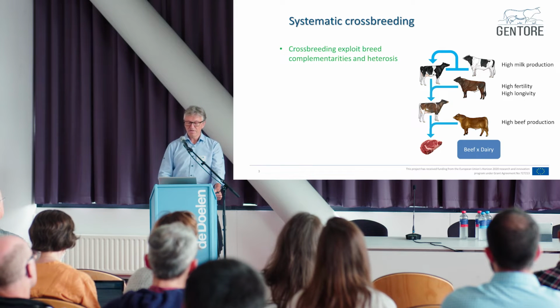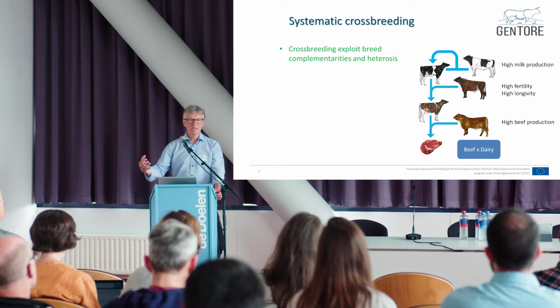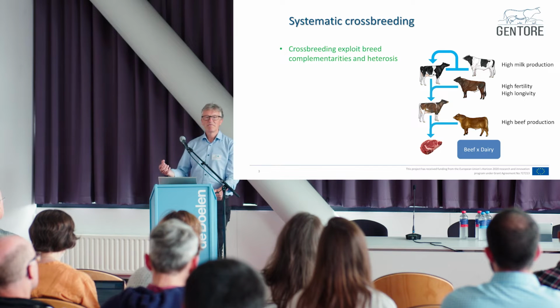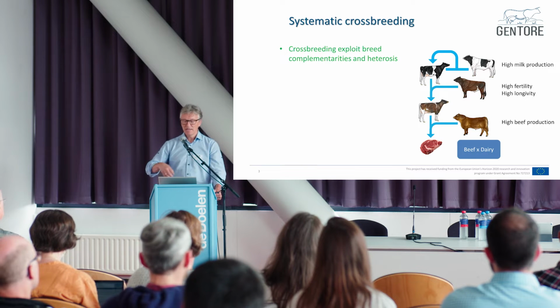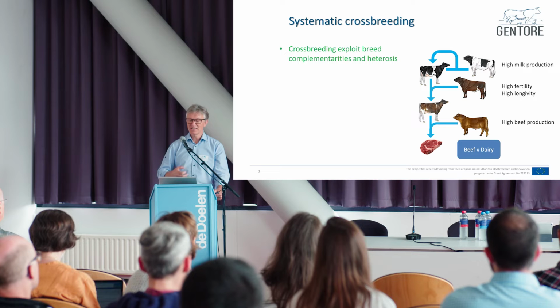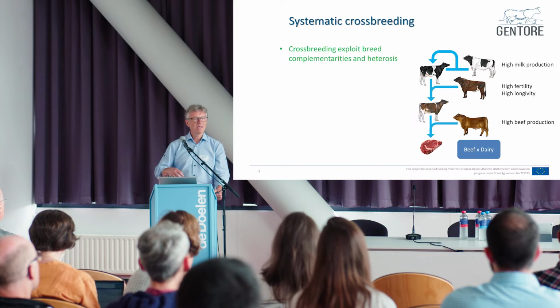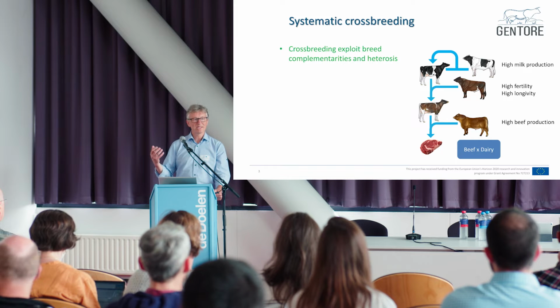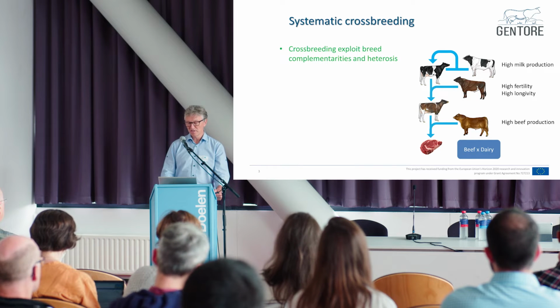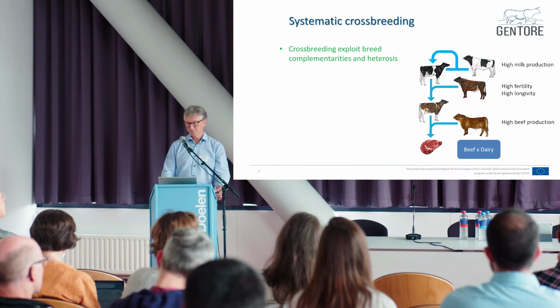You may have a farmer who needs high productivity, but wants to quickly add higher fertility and higher longevity to this breed. So we think that crossbreeding can be used at a local scale to accelerate the direction toward this efficiency.